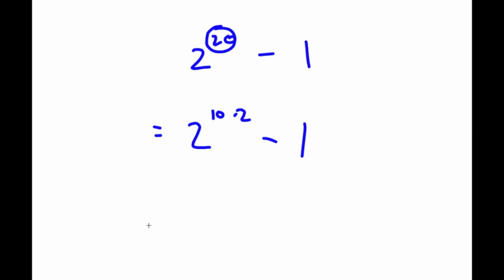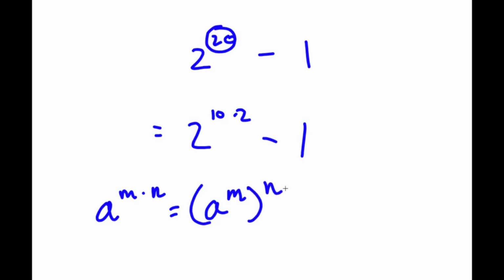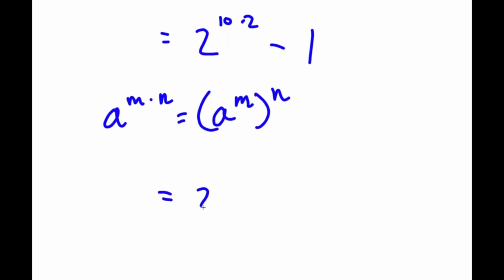Now, if I have something in the form a to the power of m times n, this is the same thing as a to the power of m, to the power of n. So 2 to the power of 10 times 2, I can rewrite as 2 to the power of 10 to the power of 2. Now I have this minus 1.